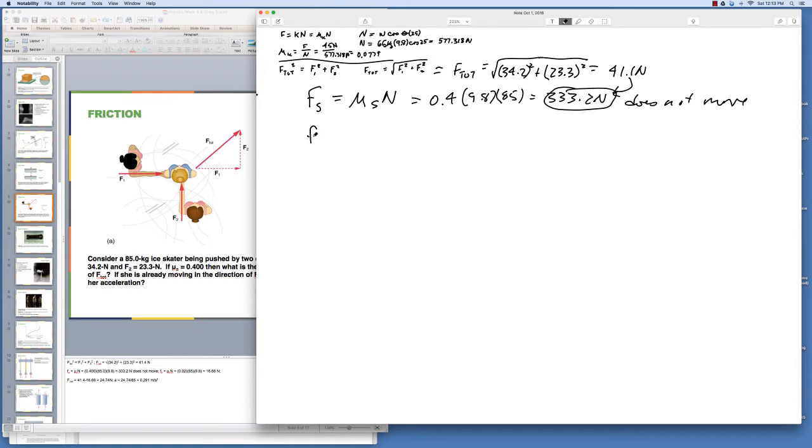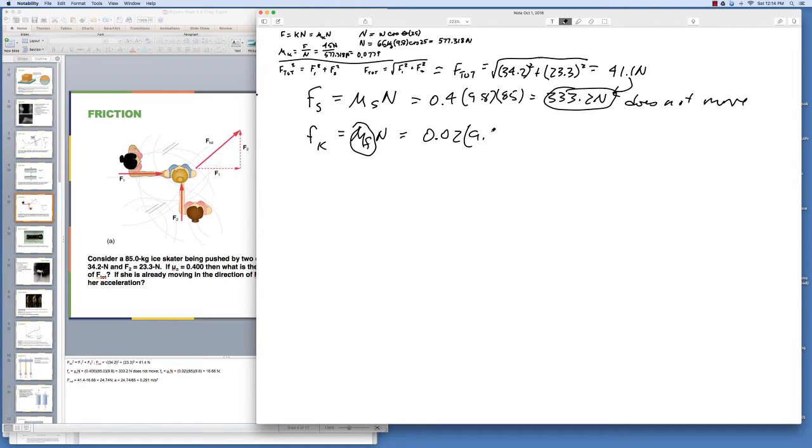Now, the second part of the question is, what if she's already moving? Then what is her acceleration? This formula then changes in the fact that we now use the coefficient of kinetic friction instead of the coefficient of static friction, which in the problem was 0.02.